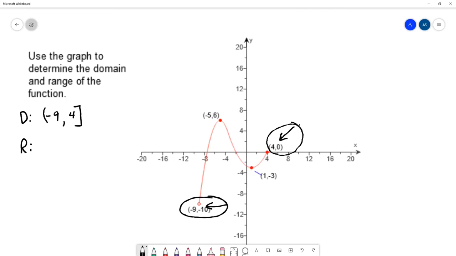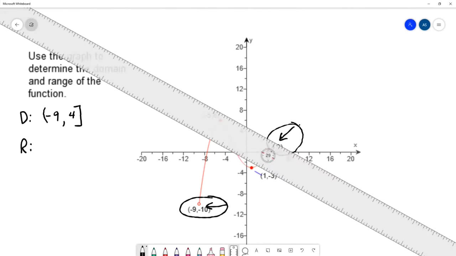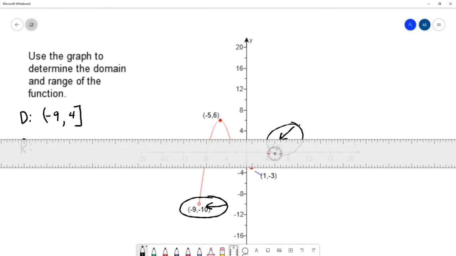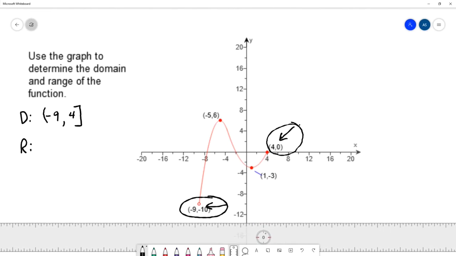Then we're going to find the range. And with the range, I want to hold my ruler horizontally because that will point to the y scale. We're going to start at the bottom and move to the top. The bottom has the lower y values, the top has the higher y values.